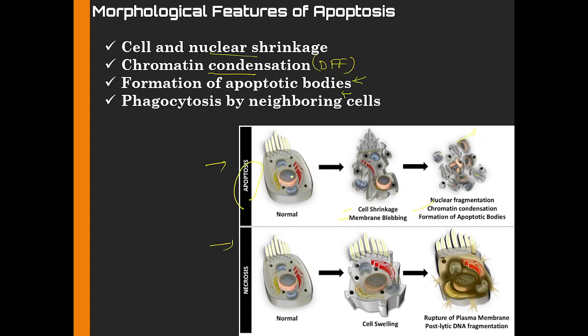In necrosis, which also leads to the death of the cell, there is cell swelling related to the inflammatory response, there is a rupture of the plasma membrane, and then post-lytic DNA fragmentation takes place. In apoptosis, the fragmentation takes place early, and then the apoptotic bodies form.